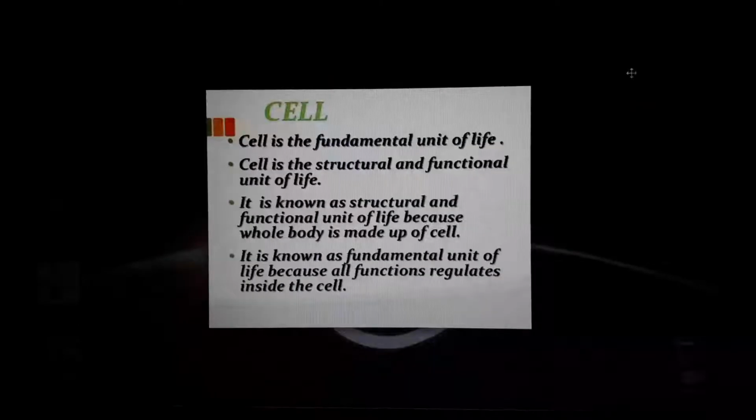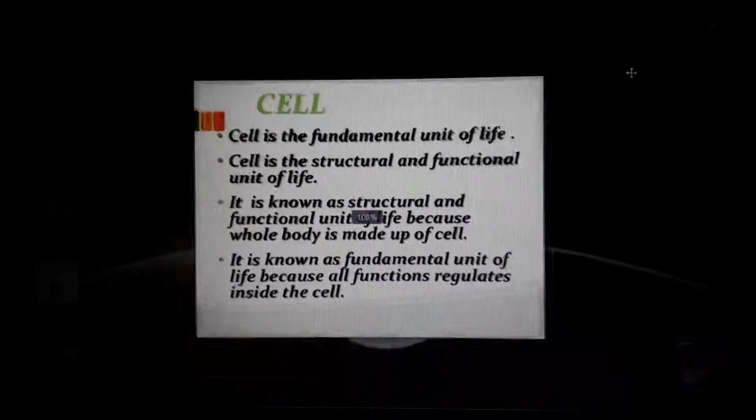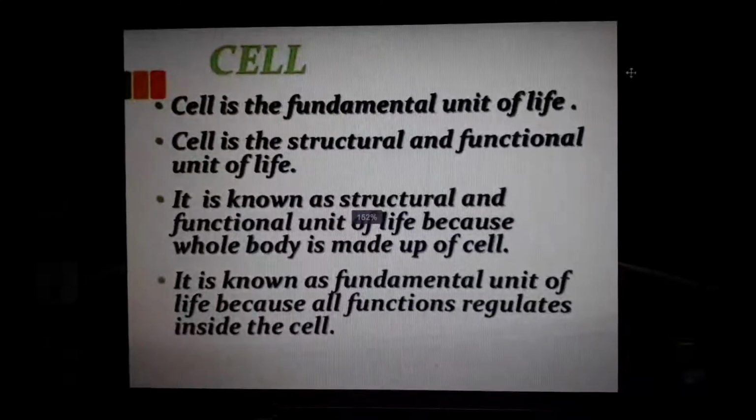The scientist called Hooke was the first man who discovered the cell. He used a special type of microscope, Robert Hooke's microscope, so that he was able to discover the cell in 1665. So these are the basic statements regarding the cell. The cell is the fundamental unit of life.